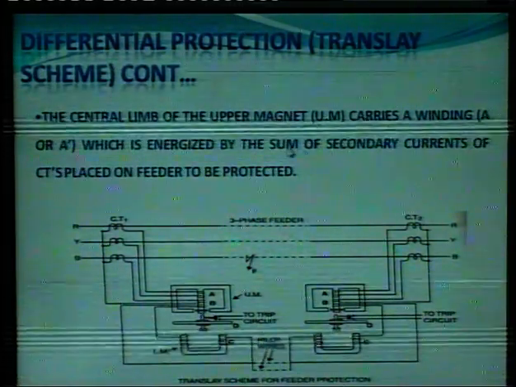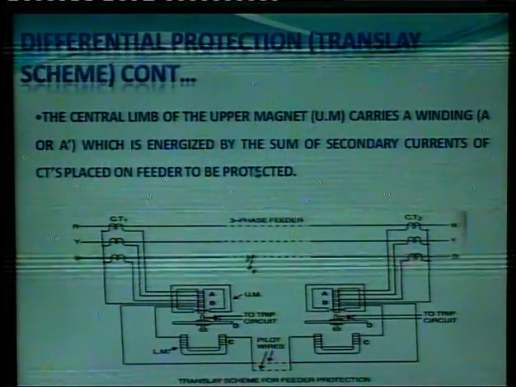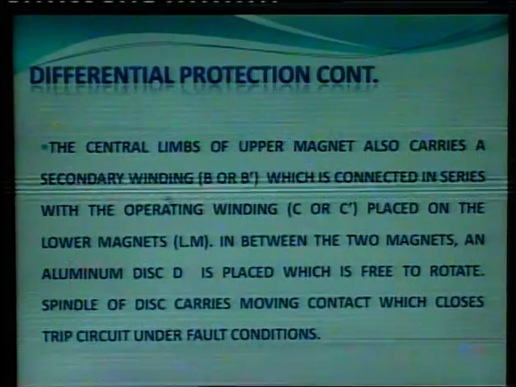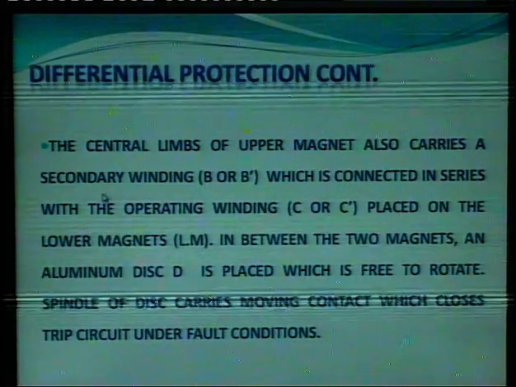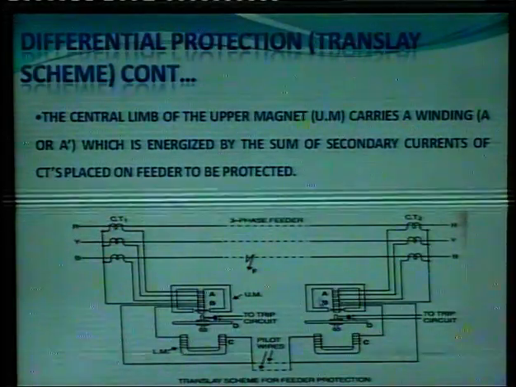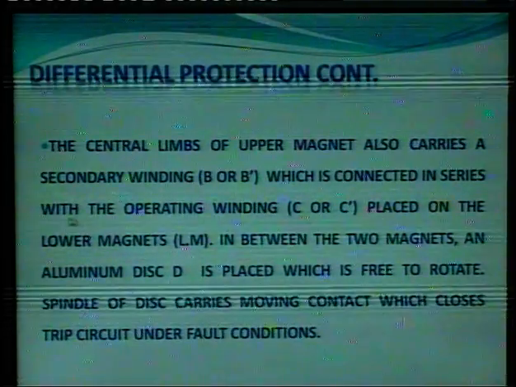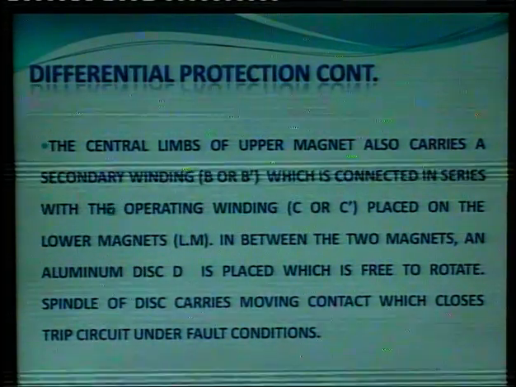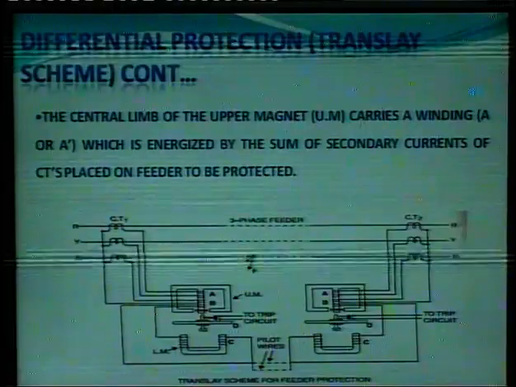The central limb of the upper magnet carries a winding A or A dash, which is energized by the sum of the secondary currents of the CTs placed on the feeder to be protected. The central limb of the upper magnet also carries a secondary winding B or B dash, which is connected in series with the operating winding C or C dash placed on the lower magnet.